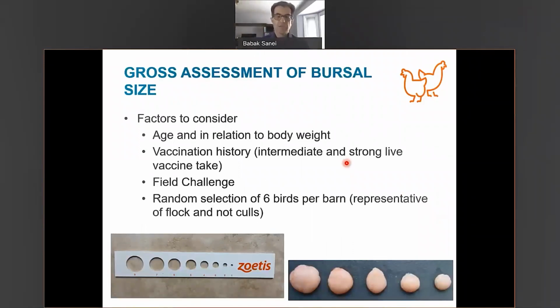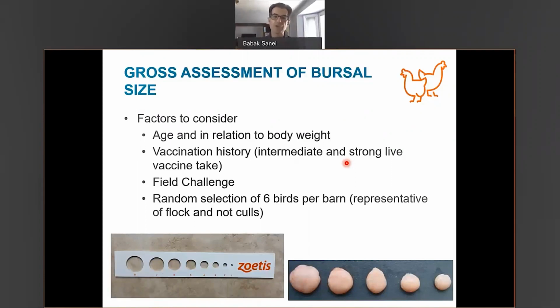This is important because probably one of the easiest ways to assess the health of a bursa is to take 6 birds, randomly selected in a given broiler flock. You euthanize the birds and open them up, you do the necropsy, or a veterinarian would do the necropsy.